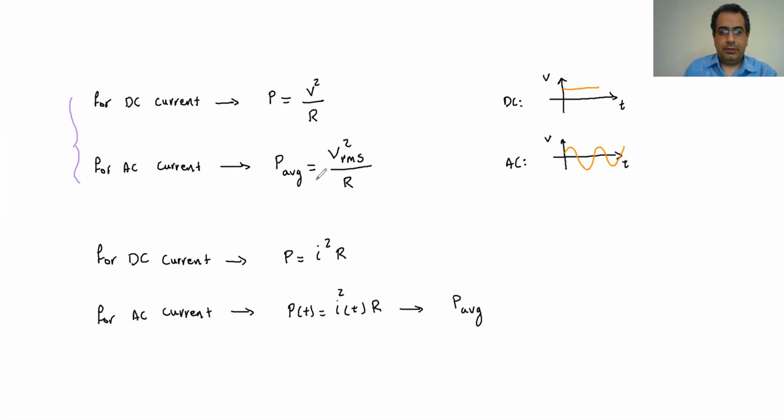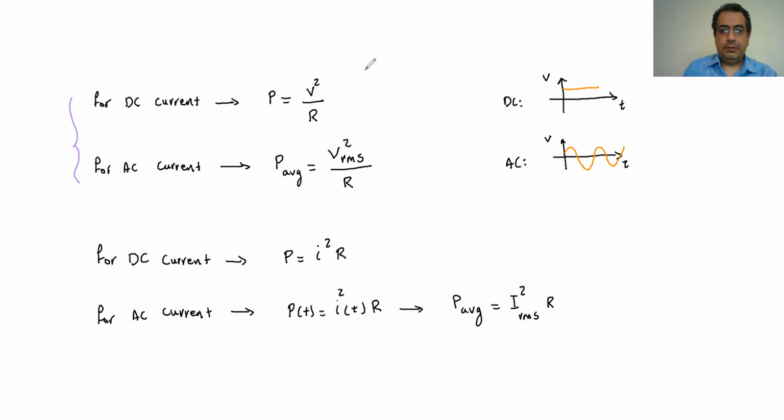Instead of using I over time, we use I, and I'm using capital I because the book used capital I, but it's going to be the RMS value of that I squared times R.